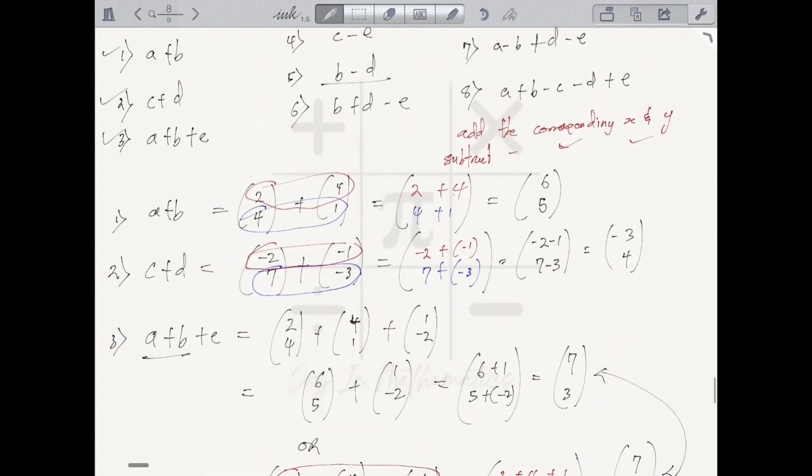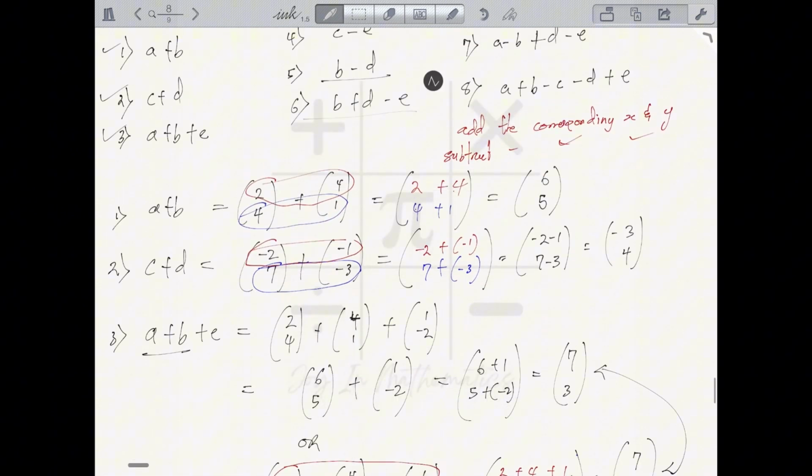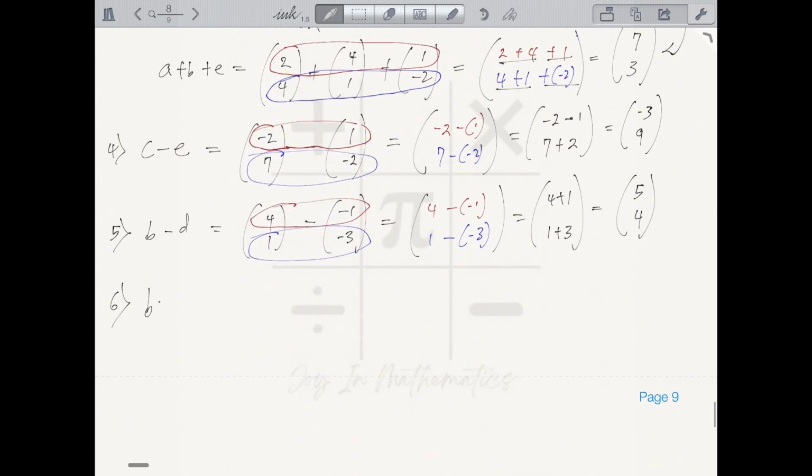Let's take question 6 now. Question 6 says we should evaluate B plus D minus E. Our B is (4, 1), our D is (-1, -3), and our E is (1, -2). You can choose to solve this first and then subtract this from it, but let's go over it once and for all.